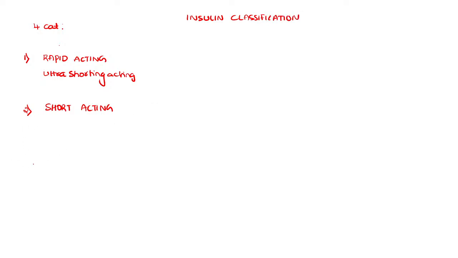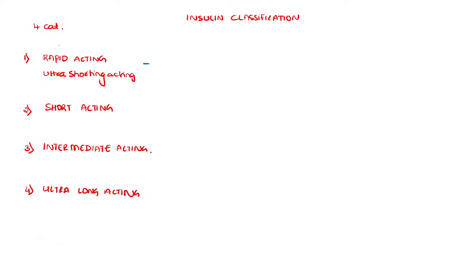The third group we have intermediate acting insulin preparations, and the fourth group we have ultra long acting insulin preparations. So let us see what are all the rapid acting insulin preparations we have.